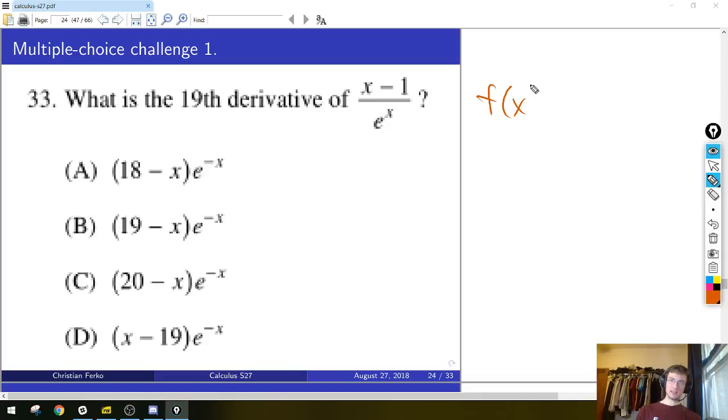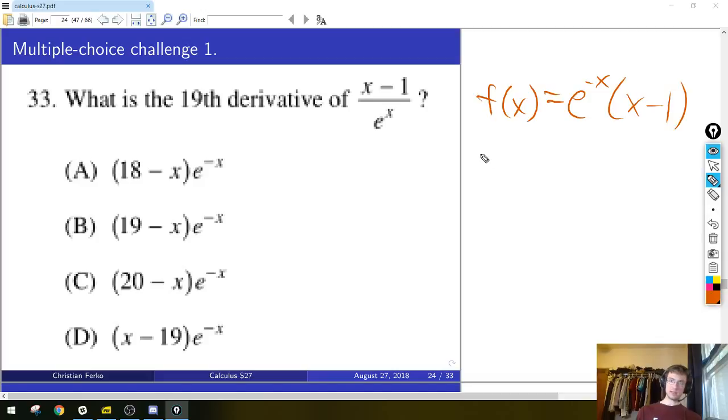For f of x, I will give you a hint to start, and then maybe you can think about it for a minute or so. The hint is to write this first, since e to the x is in the denominator, we can write this as e to the minus x times the quantity x minus 1. And then, you don't actually need to take 19 derivatives by hand.